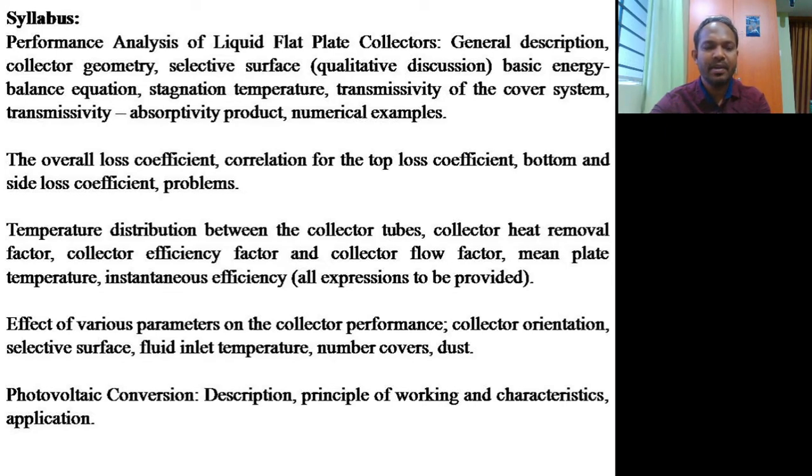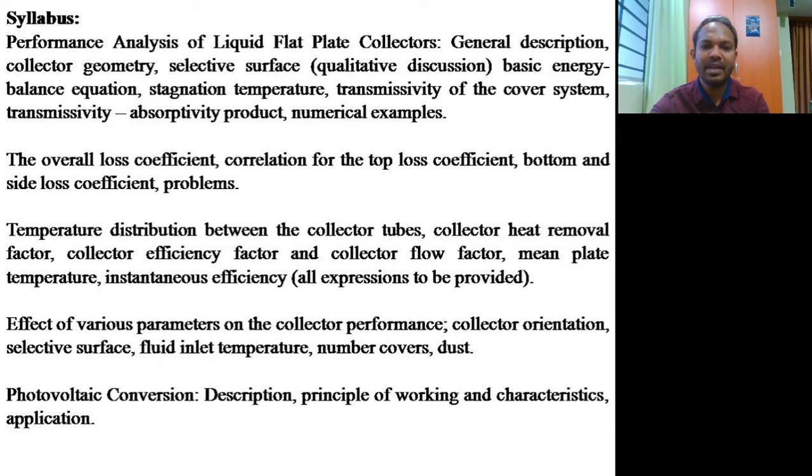And then we will talk about the effect of various parameters on the collector performance, and then the collector orientation, and the selective surface we have already discussed, and we will study the effect of these parameters related to the collector performance.